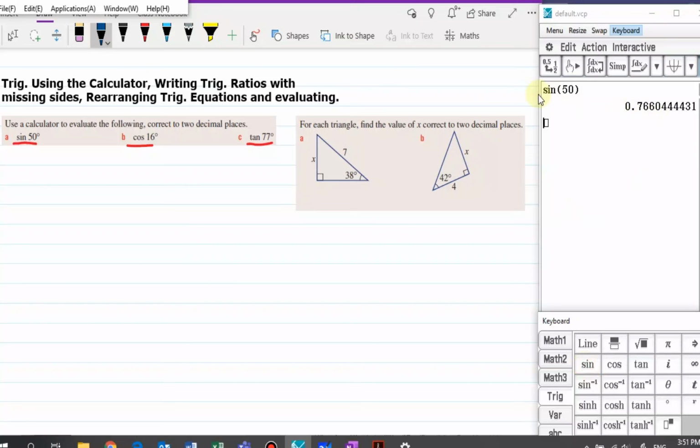Now it says to go to 2 decimal places, so because it wants 2 decimal places, this one right here, the 6, is telling this next one what to do.